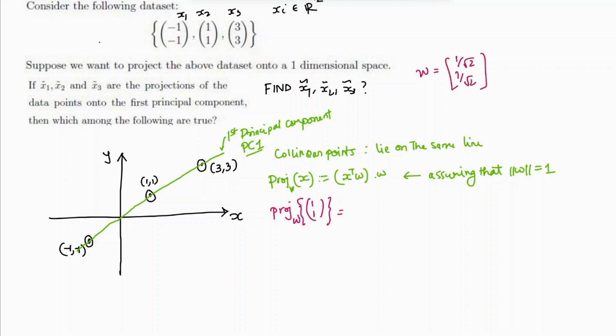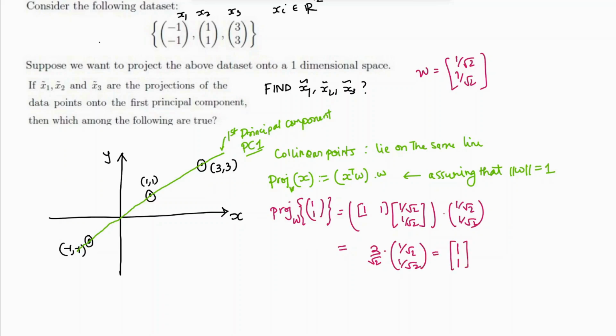So this would be x transpose W, which is 1, 1 written as a row multiplied by 1 by under root 2, 1 by under root 2. And then this is multiplied by the vector 1 by under root 2, 1 by under root 2. So this will be 2 by under root 2 multiplied by 1 by under root 2, 1 by under root 2, which is nothing but 1, 1.